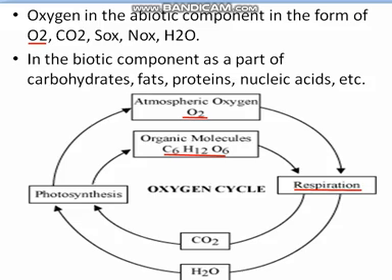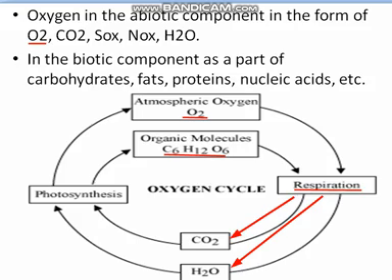Apart from this energy in the form of ATP, the end products of respiration are carbon dioxide and water. And these carbon dioxide and water molecules are released from the body of the living organisms in different forms and they go back into the atmosphere.